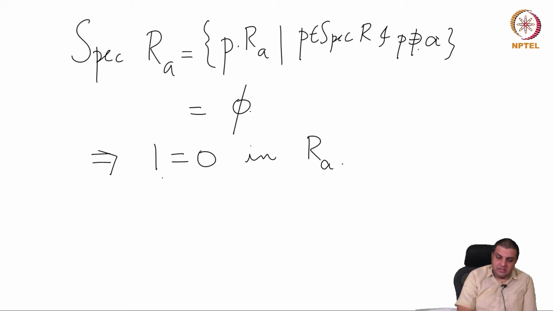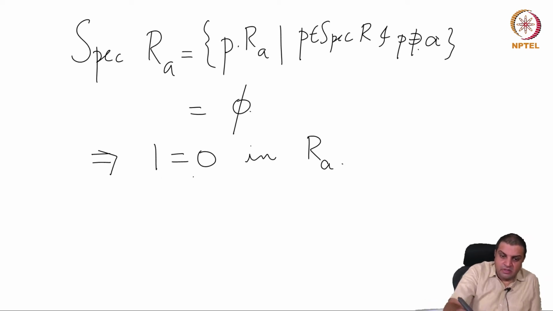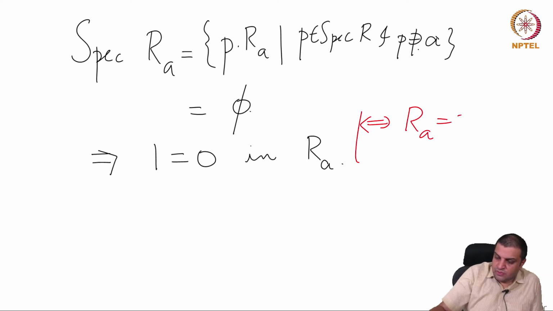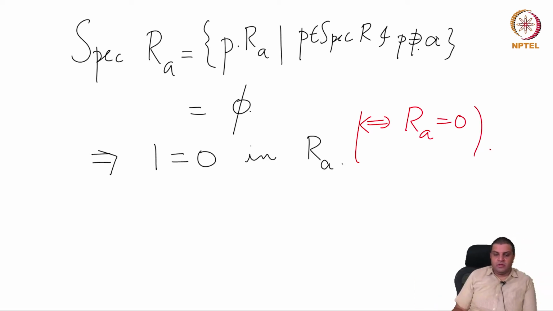In fact, the ring is 0 if and only if this holds, so maybe let's add that as a remark here: this is if and only if R_a is 0. So the only ring with an empty Spec is the 0 ring, in which the multiplicative and additive identities are the same.